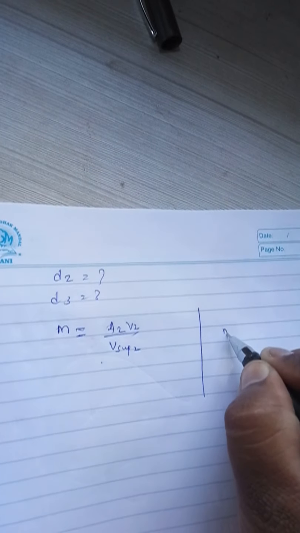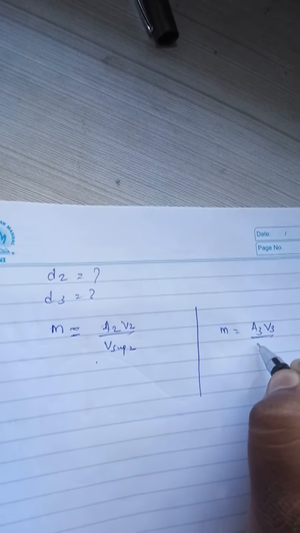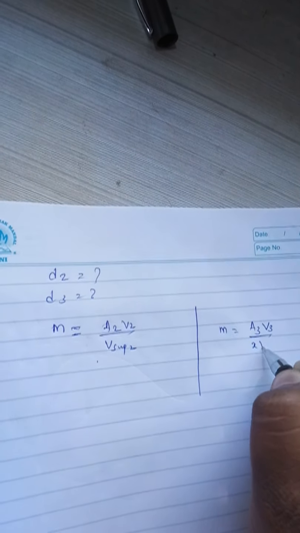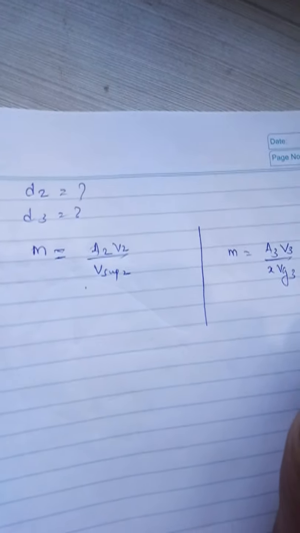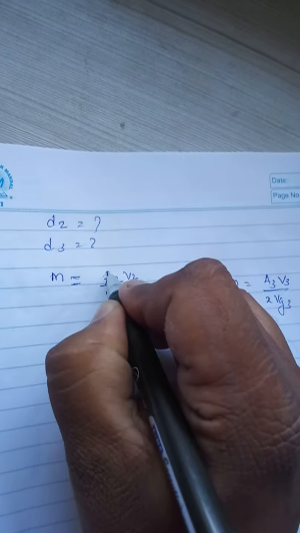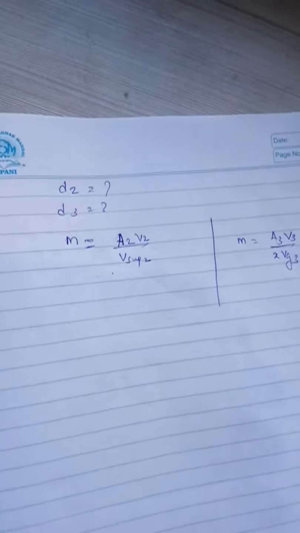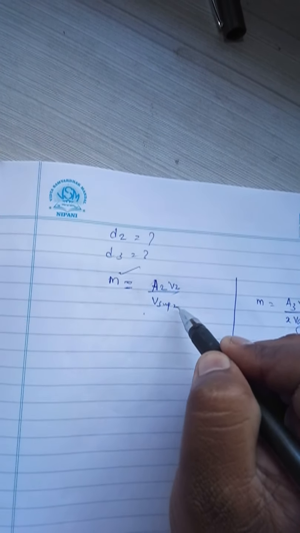And M is equal to what? A3 V3 divided by X3 Vg3. Now he has asked you to find out D. D is there in this area only, because area is pi by 4 D square. So now I have the M value, I have the V superheated value.